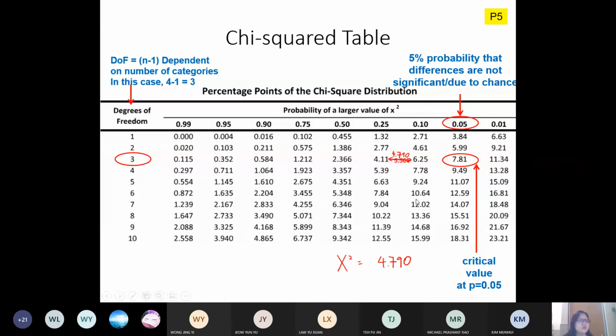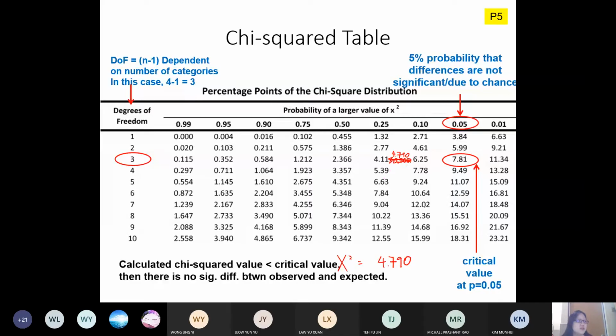That number on the slide is wrong, so let's just use 4.790 here, which is smaller than the critical value in the table. Now, if it's smaller, it means there is no significant difference between the observed and expected.